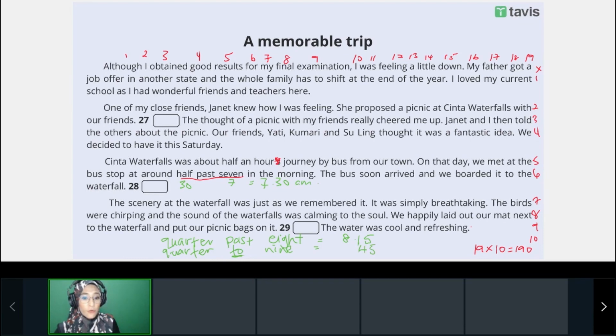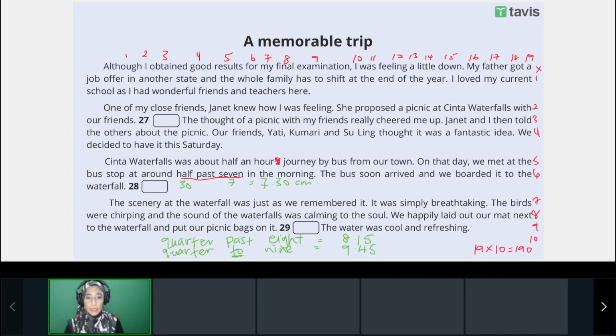Therefore, it is 45, so this is 9:45. It's either AM or PM, I didn't state. So quarter to 9 is 9:45. Please make sure you know this.